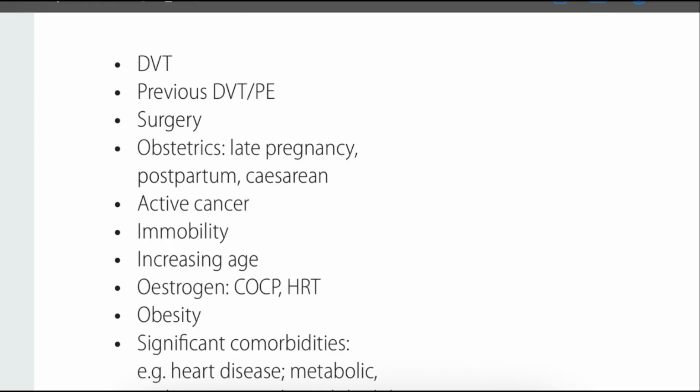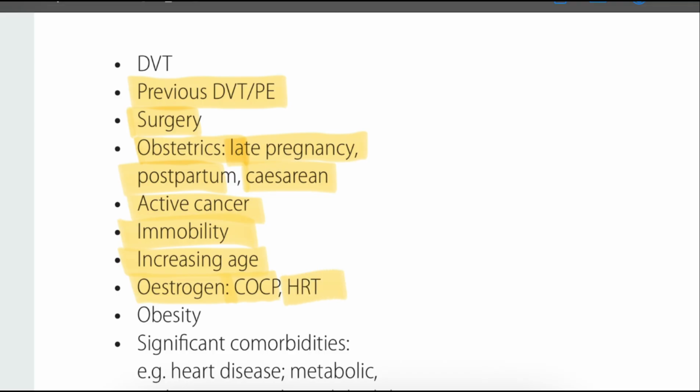The risk factors are deep venous thrombosis, previous history of DVT or pulmonary embolism, then surgery, then obstetrics, you can say late pregnancy, postpartum, cesarean, and active cancer, immobility, increasing age, estrogen, or combined oral contraceptive pills, and hormonal replacement therapy.